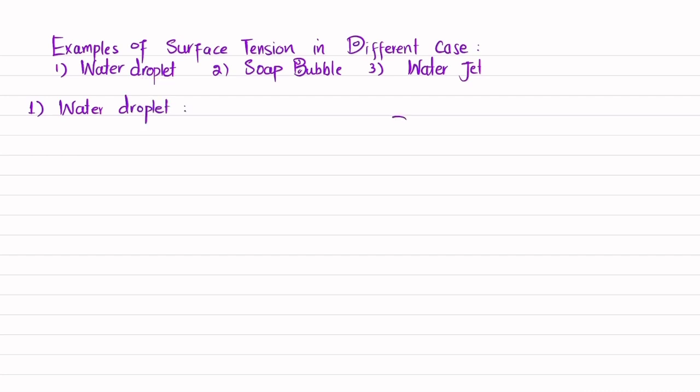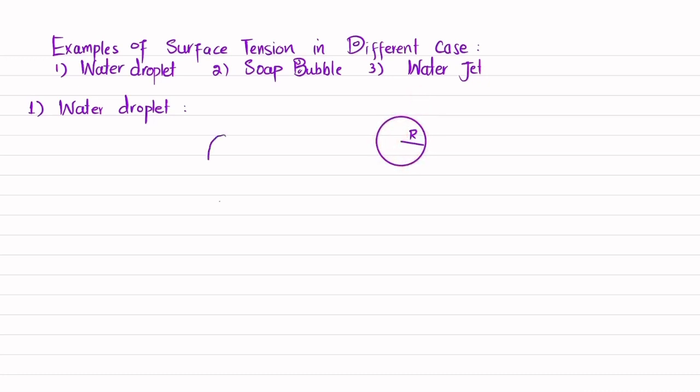Let's take a droplet of water that is spherical in shape, and the radius of this droplet is represented by R. The spherical shape of the droplet is due to the surface tension, and the molecules inside this droplet are closely packed due to cohesive forces. As a result, internal pressure P is greater than outside pressure, which is maintaining this spherical shape.